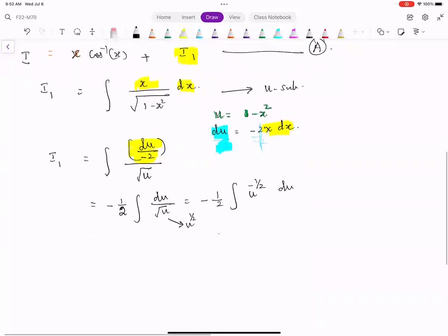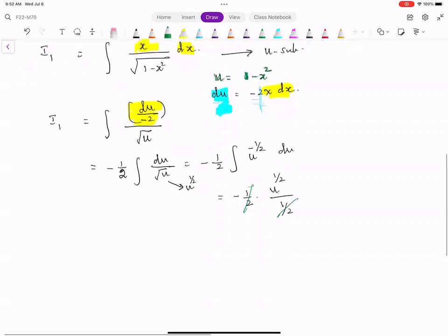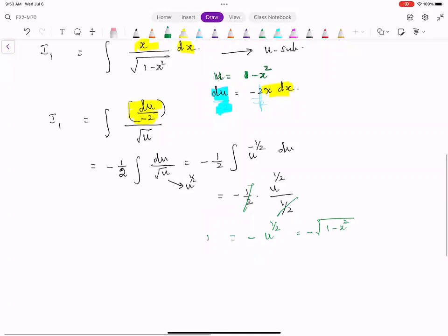If you apply the integration power rule, it is negative 1/2 plus 1, which is 1/2, over 1/2. So these two 1/2 get cancelled out. So it is negative u to the 1/2, and if I put it back in terms of x, it is negative square root of 1 minus x squared, which is I1.